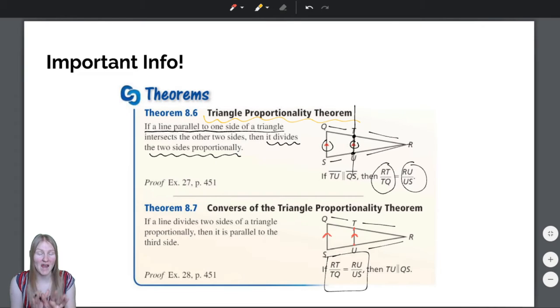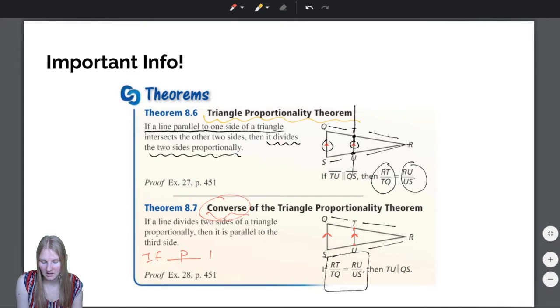Must be parallel. There's lots of P words going on. Proportional, parallel. Okay.